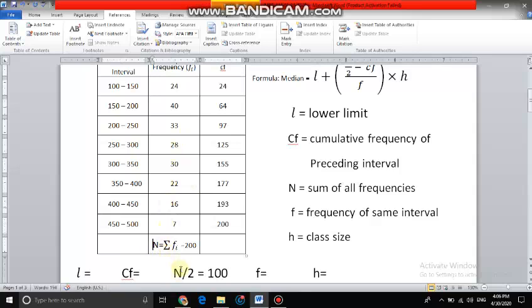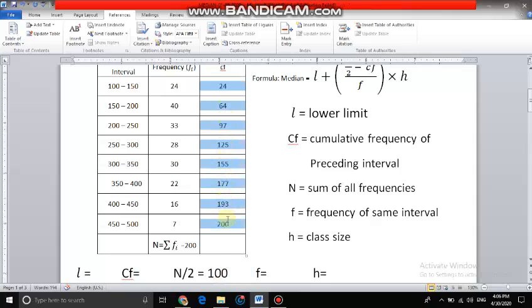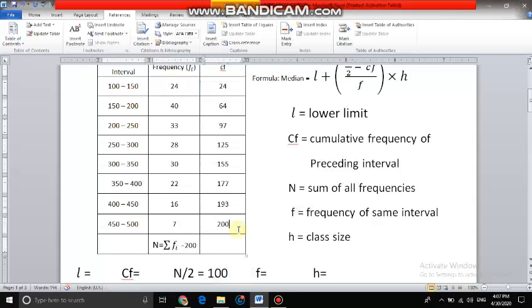After getting n, you find n by 2, that is 100. In this entire cumulative frequency column, look at the numbers which are greater than 100. But out of all these numbers, which is the nearest number to 100?